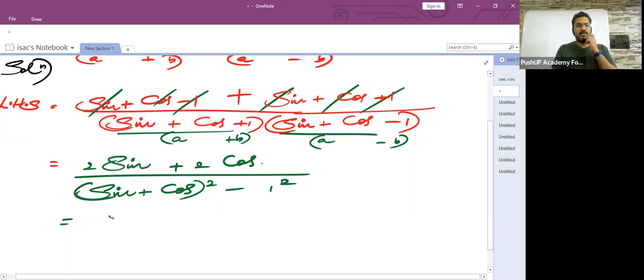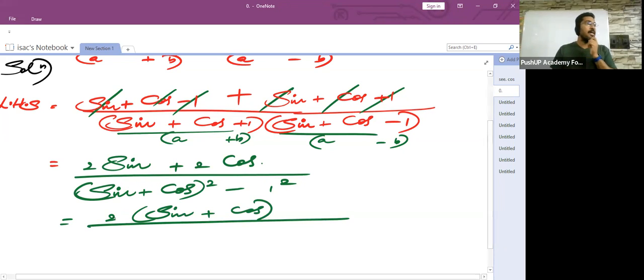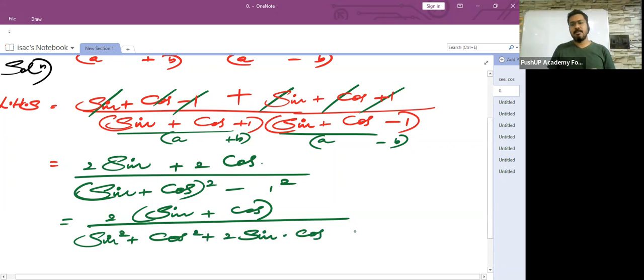Anyways, 2 sine plus 2 cos. You can take 2 as a common factor. So 2 comes out and sine plus cos remains inside the bracket, divided by (sine plus cos) the whole square. Isn't it looking like a plus b the whole square? Yes. And you all know a plus b the whole square is sine square plus cos square plus 2 sine cos.